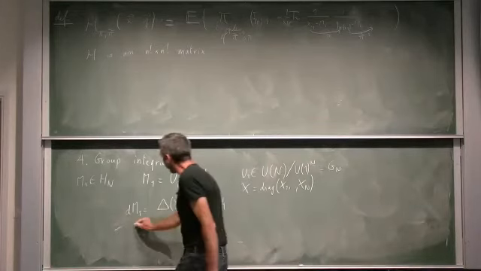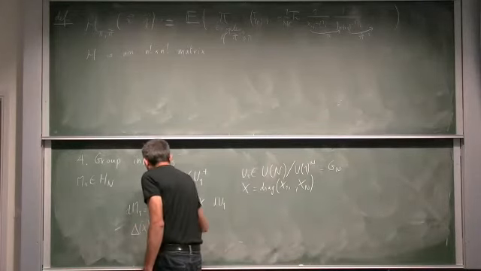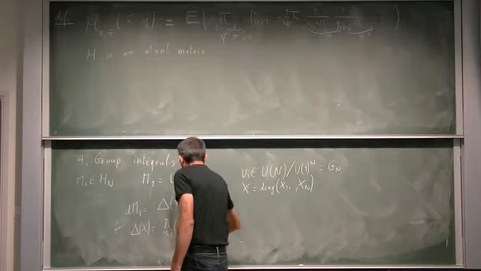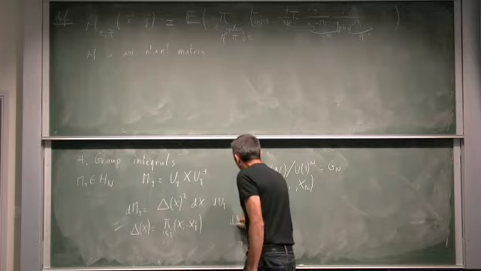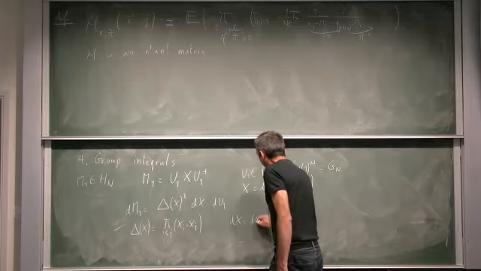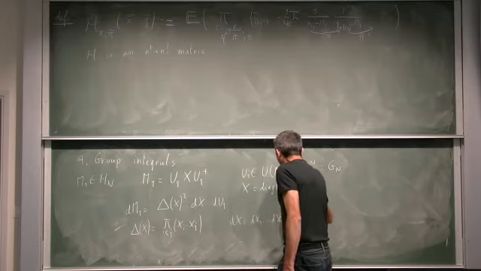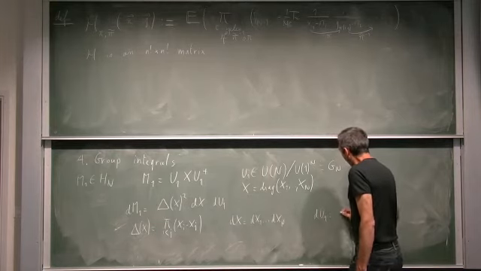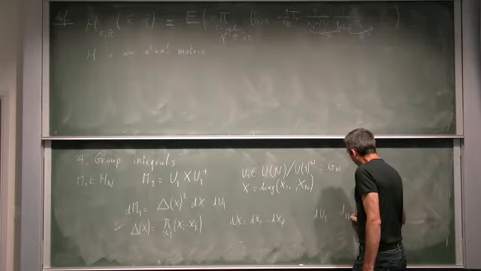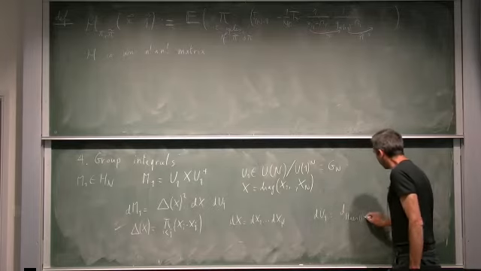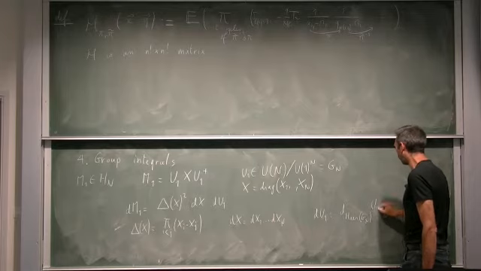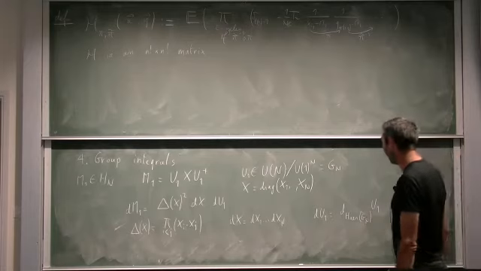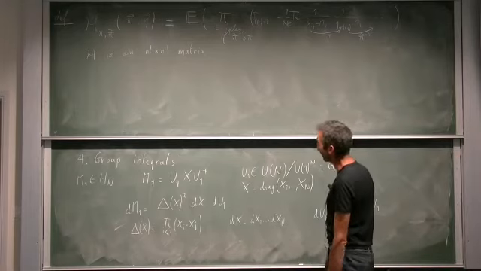Here, delta of x is the so-called Vandermonde determinant, the product over i<j of (xi minus xj). dx is just the Lebesgue measure dx1...dxn, and dU1 is the Haar measure of Gn. The Haar measure is something very complicated, I must say, and the issue will be to deal with this Haar measure.